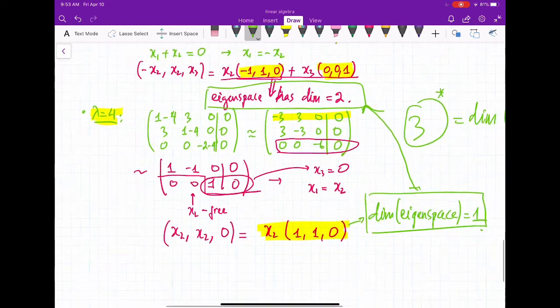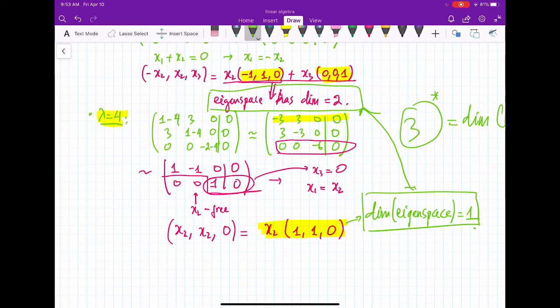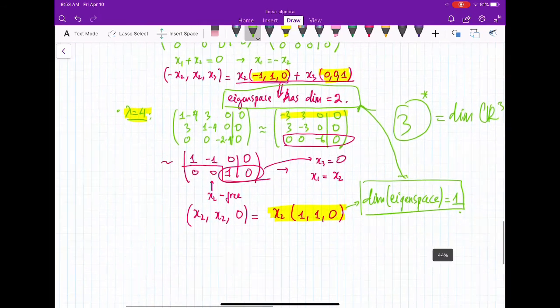Okay? So, I just want to verify one thing. These vectors form a basis. And we need to find the representation of our linear transformation in this basis. Make sense? And we'll see there's something interesting.